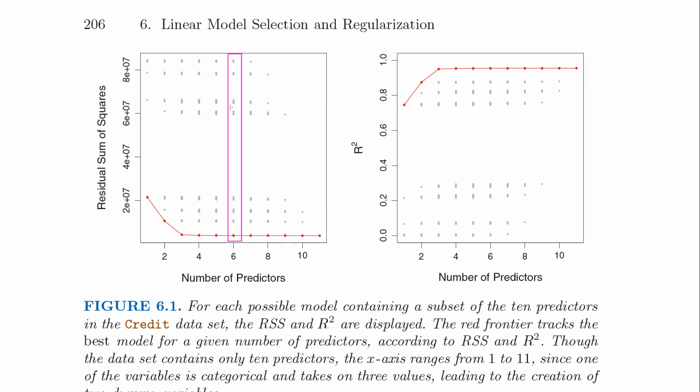I don't know, the first 6, the last 6, middle 6, the first 3 and the last 3. And one of them has the lowest residual sum of squares.